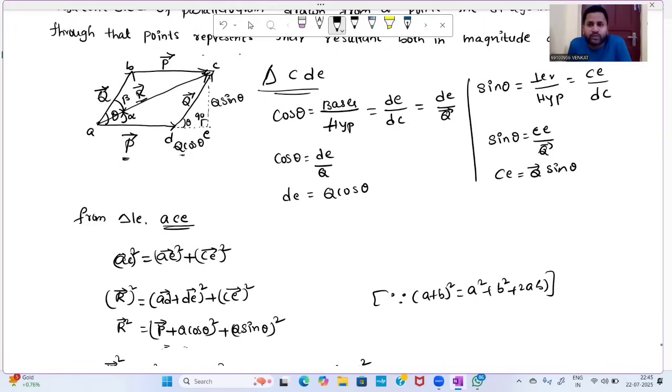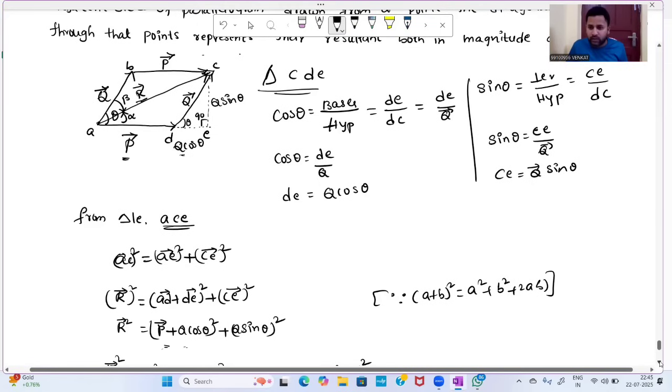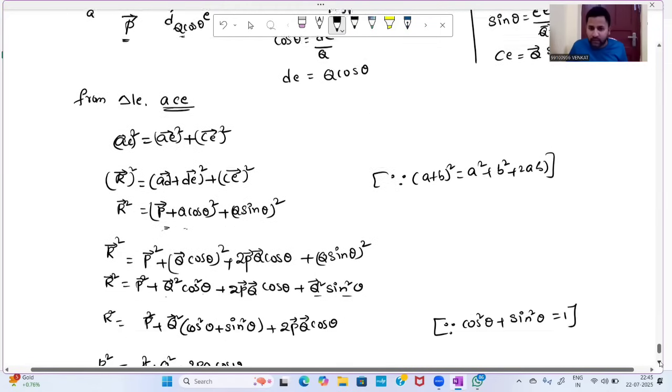Which trigonometry ratio can we use? That is tan theta, right? Tan theta equal to perpendicular component by base component. Here the perpendicular is CE and the base is AE. From this we can find the direction of the vector.